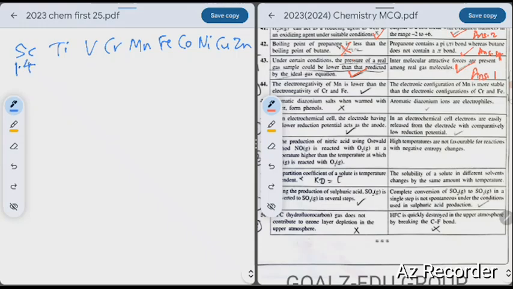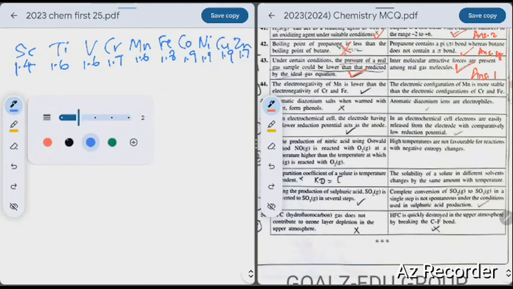So these are rough values: 1.4, 1.6, 1.6, 1.7, 1.6, then 1.8, 1.9, 1.9, 1.9 and 1.7. So what happens now? Up to chromium, the electronegativity has increased.